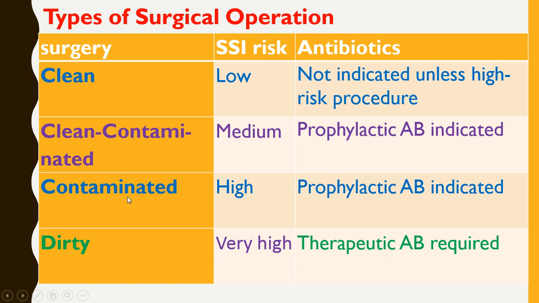In contaminated, the risk is high, so prophylactic antibiotic is indicated. In dirty procedure, the risk is very high. It is infected surgery from the start, so therapeutic antibiotic is required. Okay.